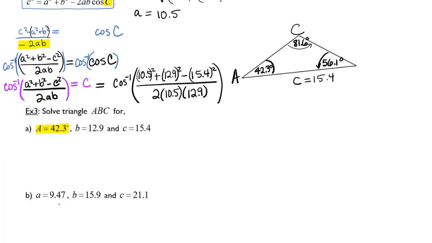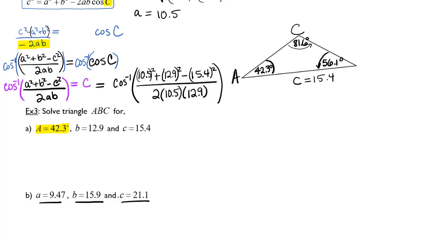In this second example, we have sides only given, and so we need to figure out which formula would be best given that side A is 9.47, side B is 15.9, and side C is 21.1. This tells me that the side opposite the angle will determine which angle is the largest.